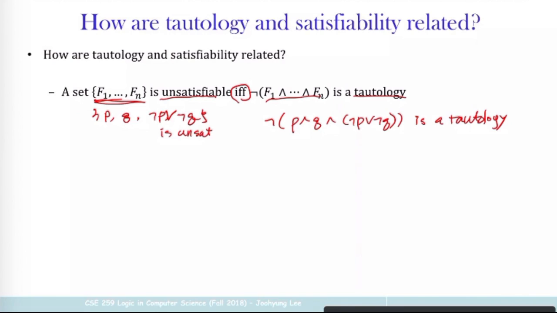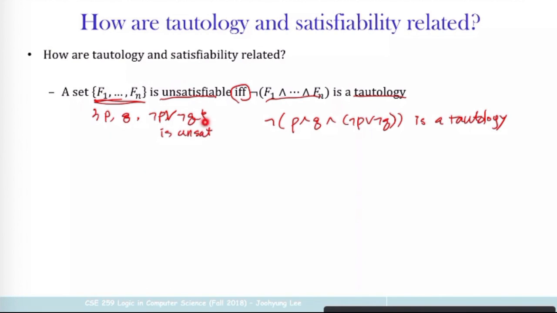And you can actually prove this. I'm not going to show the proof, but let me just illustrate this idea using the example. When you prove an if and only if statement, as you learned in natural deduction, you have to prove two things: assume the left-hand side and derive the right-hand side, and also vice versa. So let's see why it makes sense.